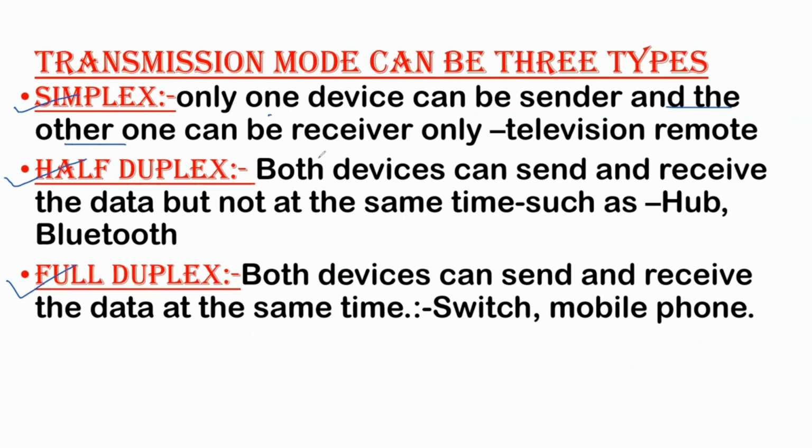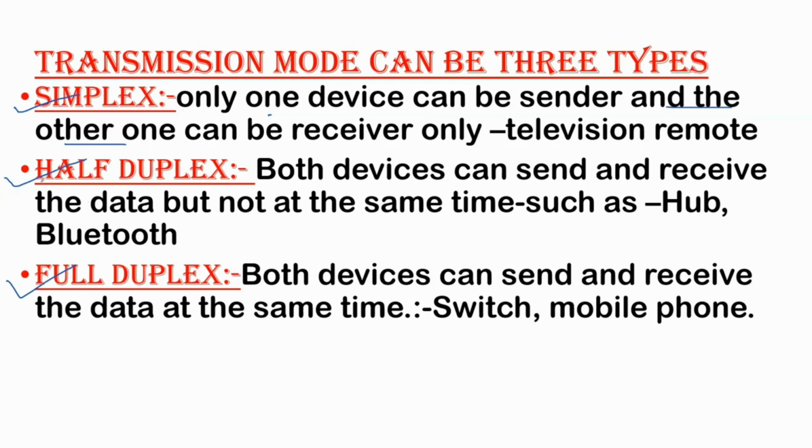If we have two devices, one is a sender and the other is a receiver, this is simplex mode. An example is a television remote: always the television receives the signals, and always the remote is used to send the signals.